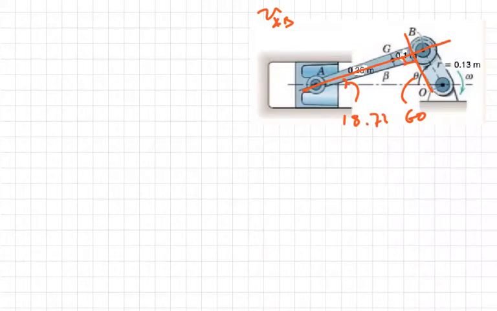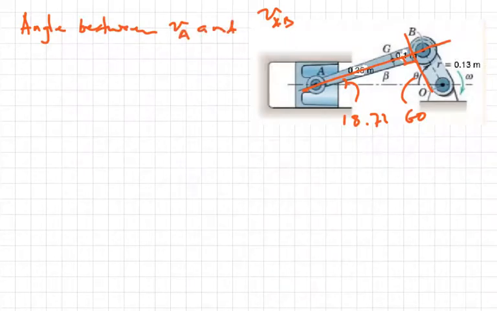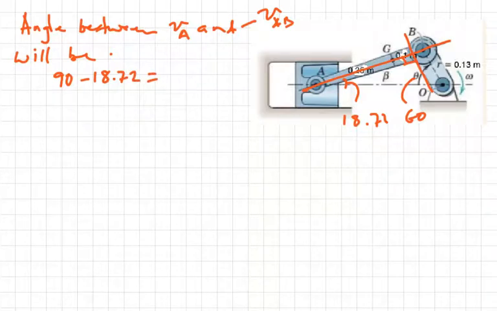It then means that our angle between VA and VAB will be then 90 minus 18.72, which is equal to 71.28.